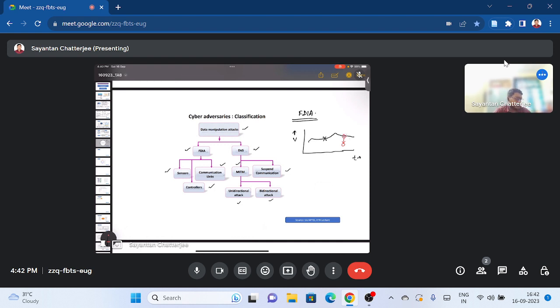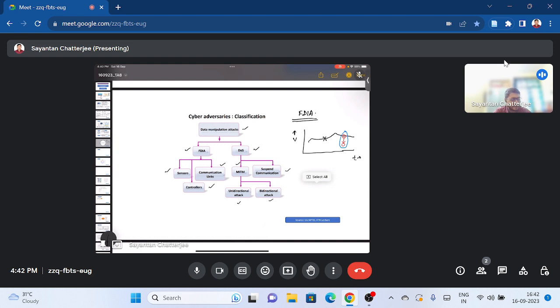So based on this compromise, this is the attack vector. Based on this compromised value, the breaker and all the devices would see this as a state change.